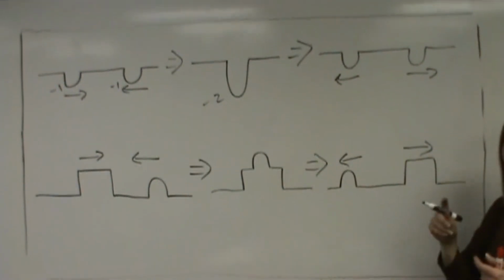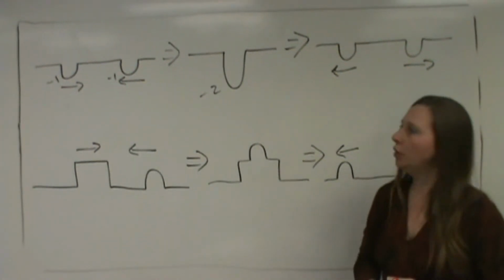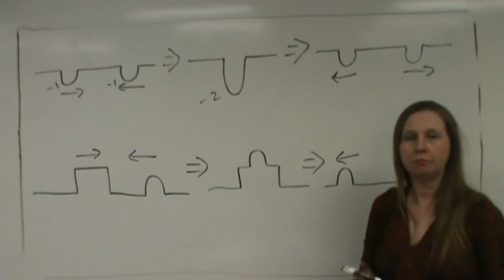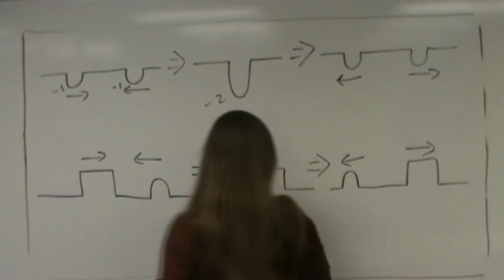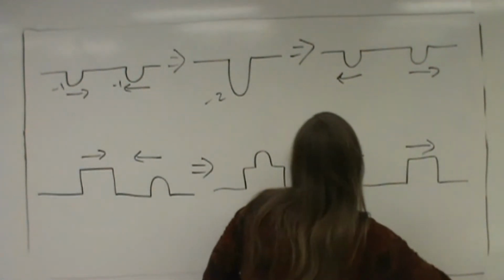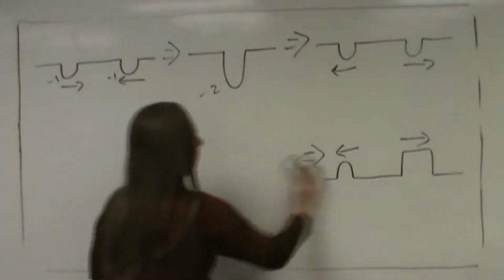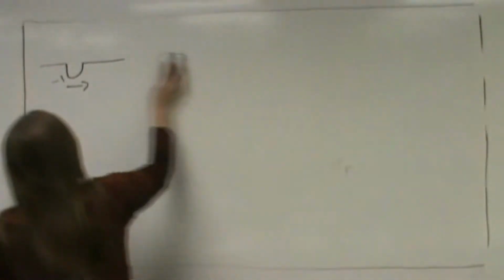Now, what about destructive interference? Let's take a look at a few examples of destructive interference. Now, I will talk about constructive and destructive interference at more length in the section on diffraction and interference.